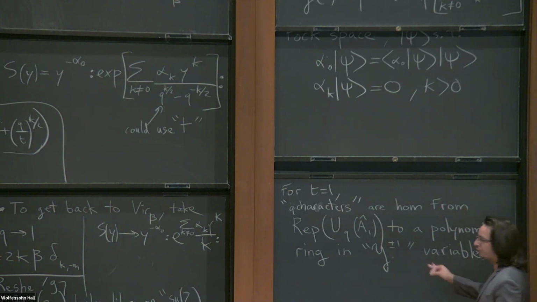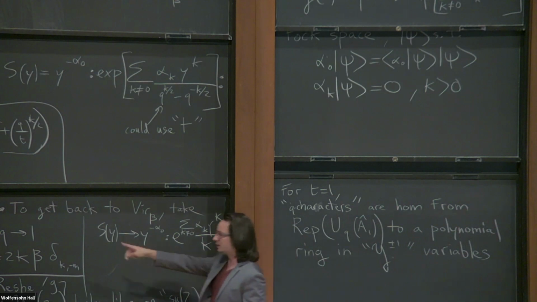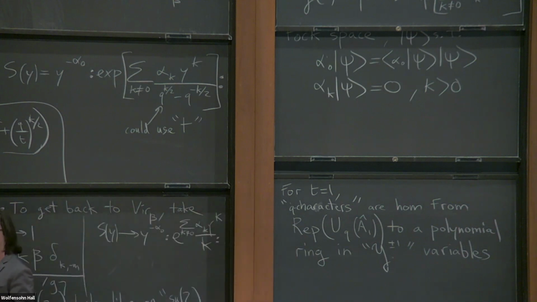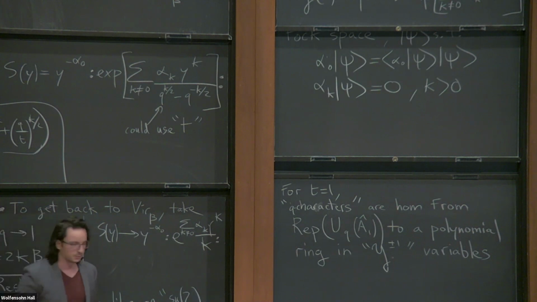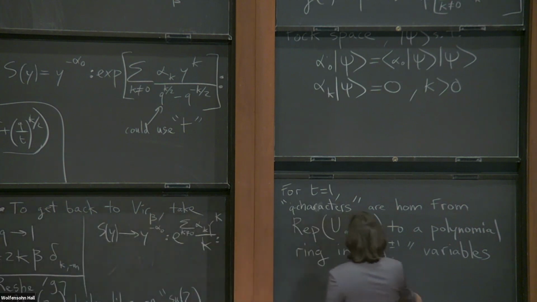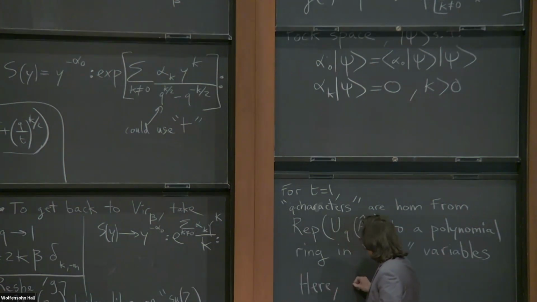What we're finding here is something slightly more general that depends on two parameters, T and Q. That's why sometimes in the literature they're referred to as QT characters.